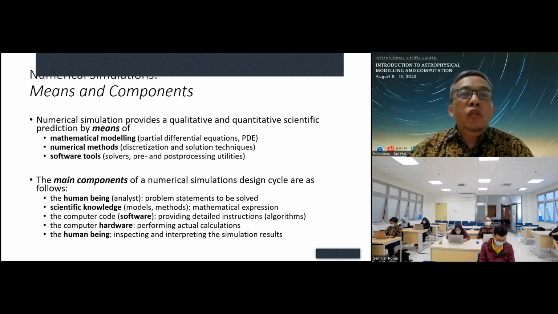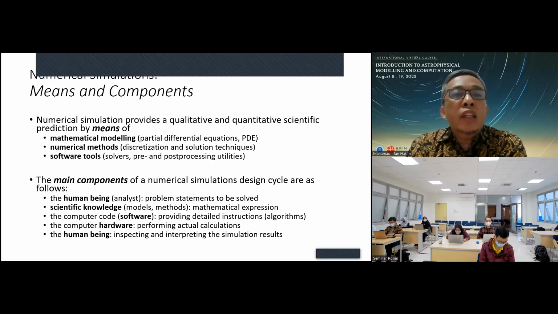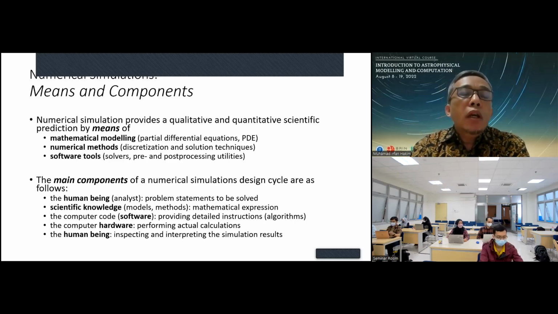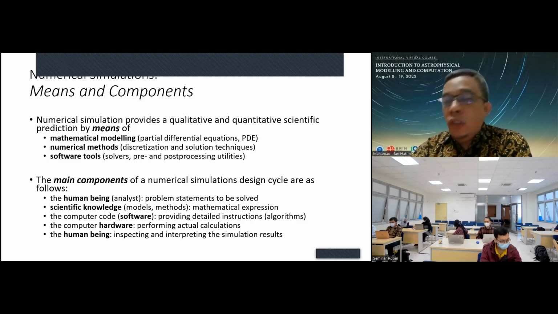For doing numerical simulation, numerical simulation provides qualitative and quantitative scientific prediction by means of mathematical modeling, numerical methods, and the third is software tools.